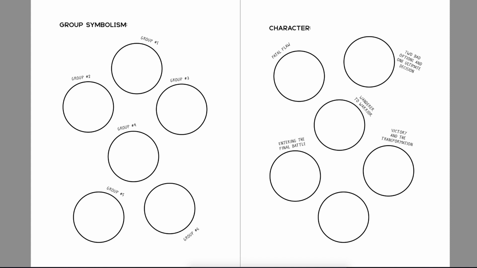So some of the other tentpole moments, the 2 bad options and 1 ultimate decision. So this is at that 25% mark. Sometimes this is symbolized with relationships. To some extent in the Hunger Games, we have Peeta and Gale, the two love interests for Katniss Everdeen.